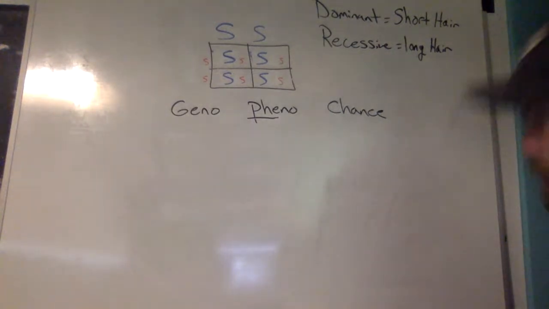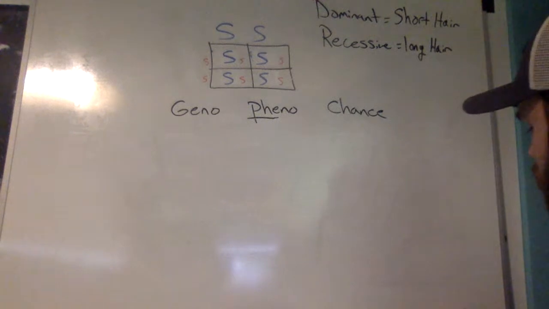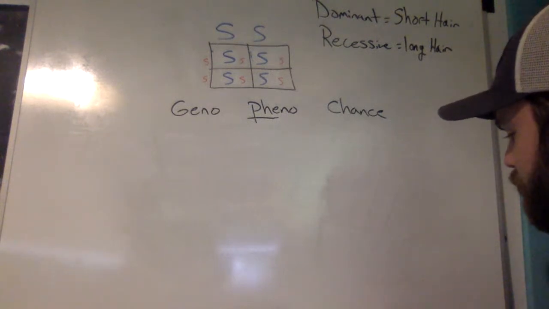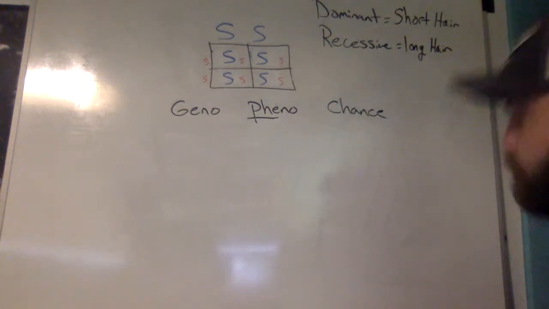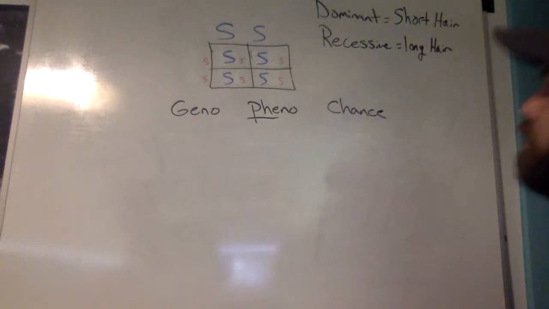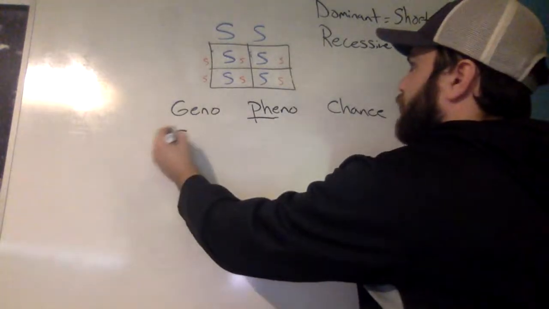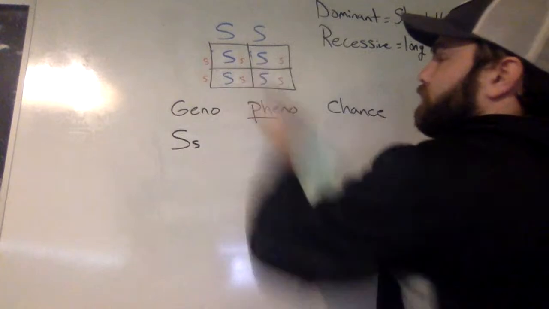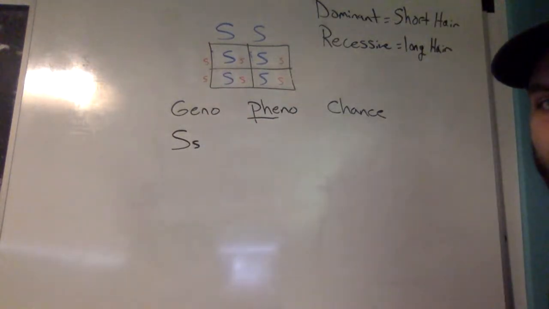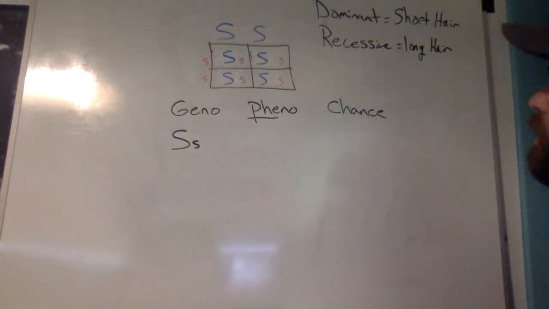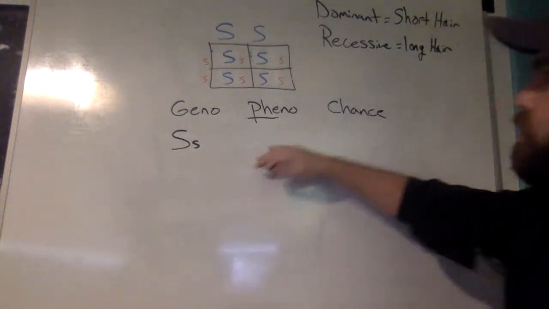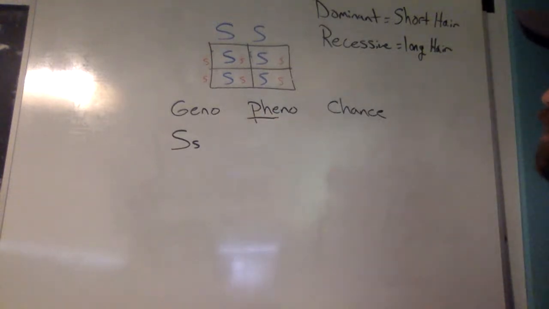So now we have to find the same genotype. So let's see what we have for this. This one's going to be a little different. So we really only have capital S, lowercase s. Right? So do we have to write down any other ones? No, right? It's just going to be the first genotype.